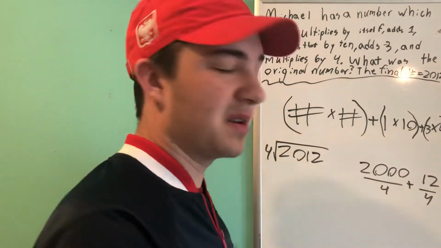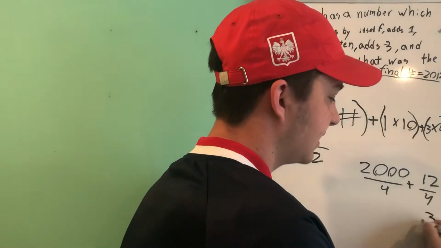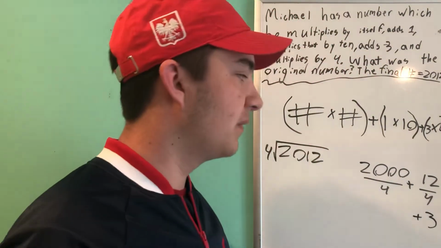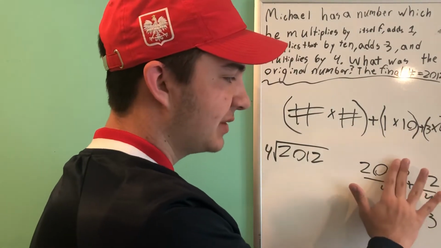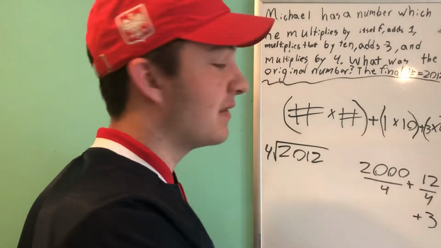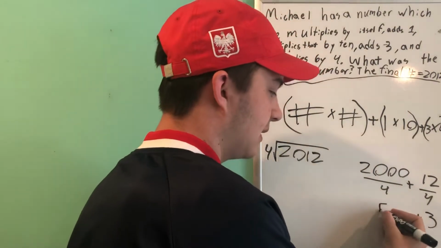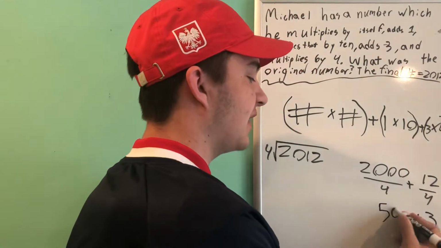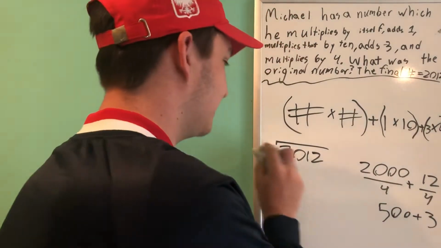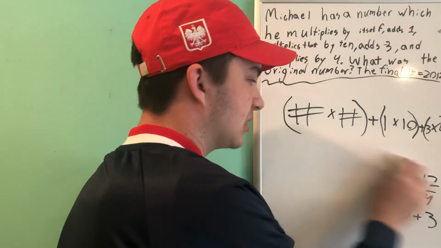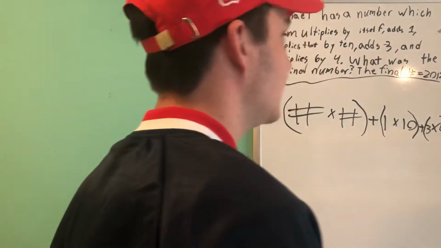Because I know 12 divided by 4 is 3. That's easy. And I know 2000 divided by 4. If I forget the last 2 zeros, it's 20 divided by 4, and that's 5. But because there are those last 2 zeros, it's 500. So that becomes 503. So by dividing by 4, we get 503.